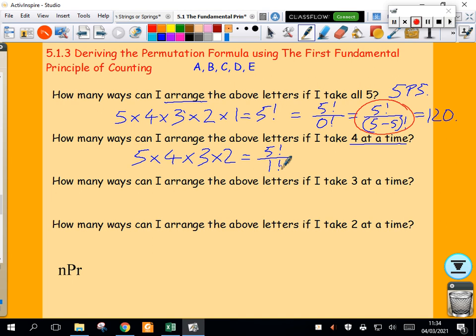Because 5 factorial is 5 by 4 by 3 by 2 by 1 factorial. Divided by 1 factorial, it cancels the 1 factorials out, leaves us with this. If you're unsure about that, make sure you've looked at my last lecture on factorials and cancelling. And I'm interested in this 1, and note that's the same as 5 factorial over that 1, which is the same as 5 subtract 4 factorial.